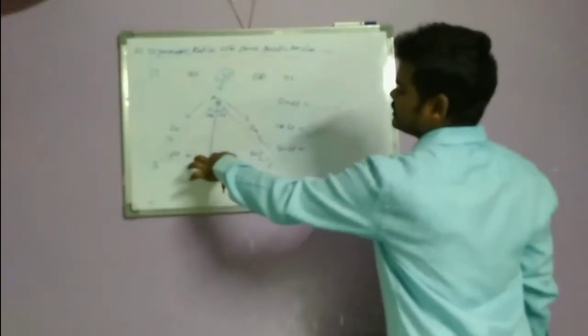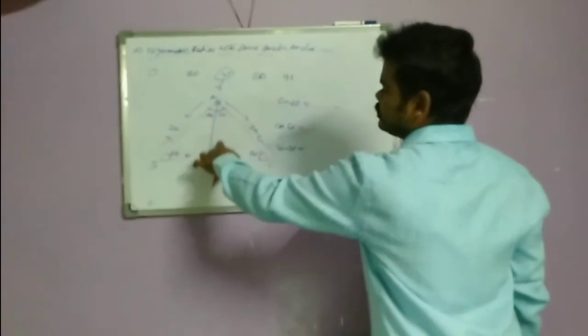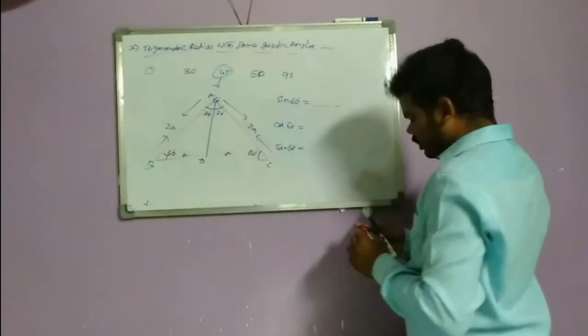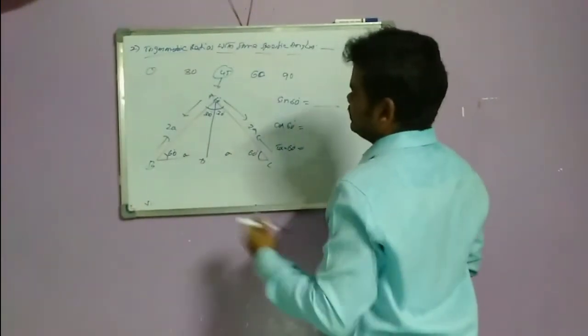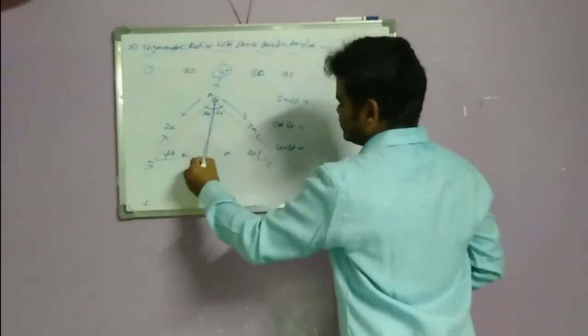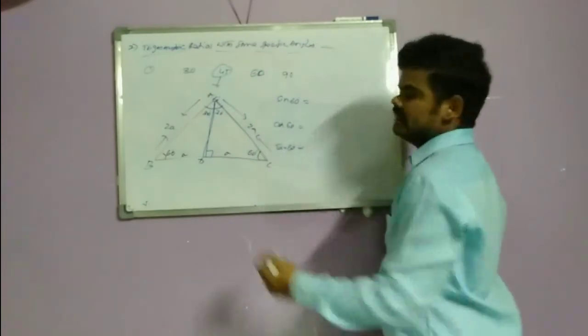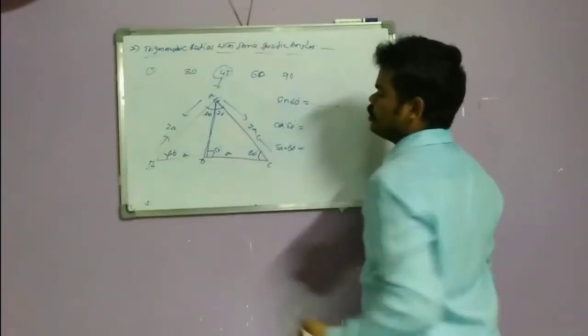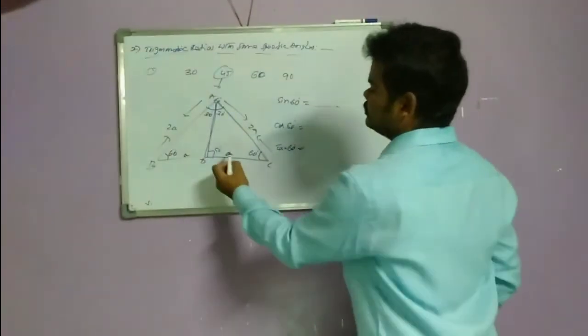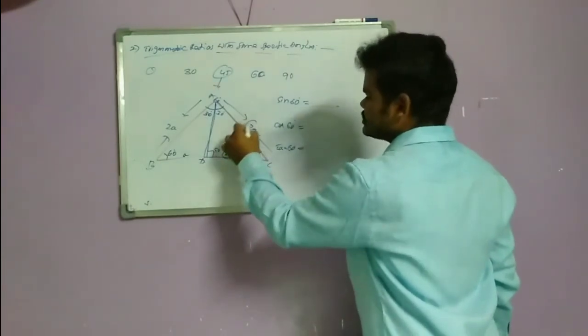What is opposite here? This one. Here we need to calculate the length of the opposite side. Can we call this a right angle triangle? Yes, it is a right angle triangle. Here is 90 degrees. So this one is a, this one is 2a.